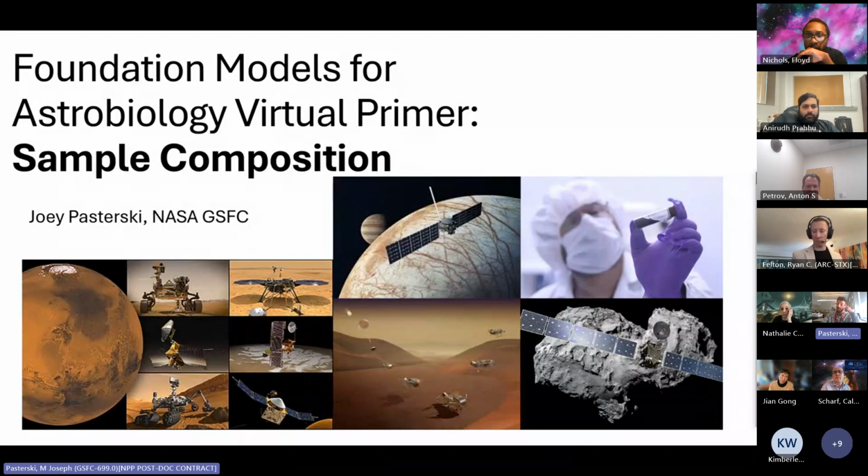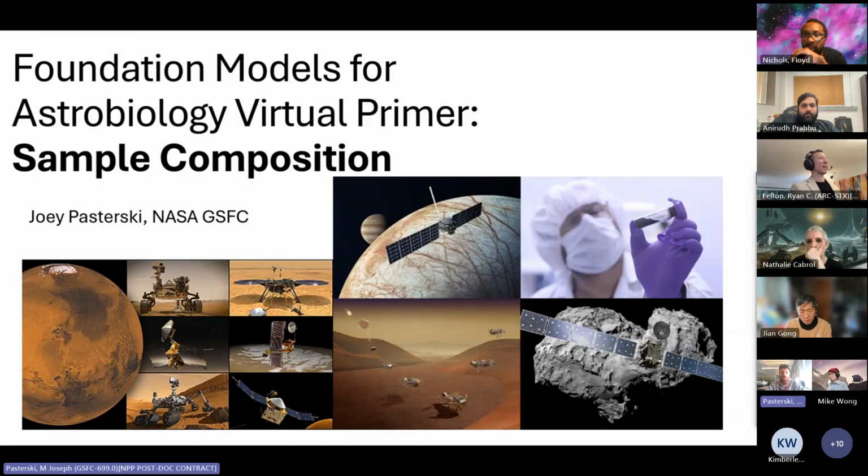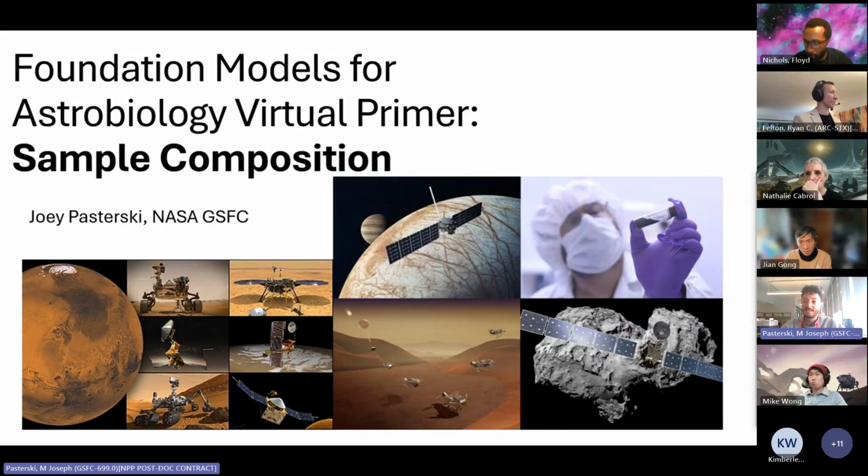It kind of falls right in line with the other topics that have been discussed in a lot of different ways. So one of the things I want to bring up from this initial image is that in sample composition, specifically for astrobiology, we have to think about scales and also think about data quantity from different missions and what is actually available for these different training sets.